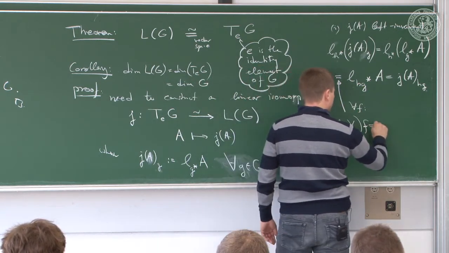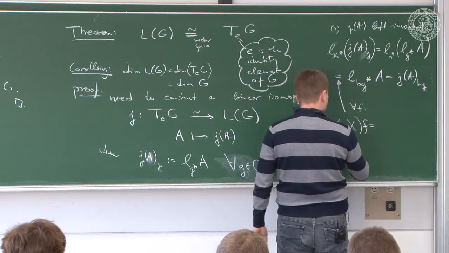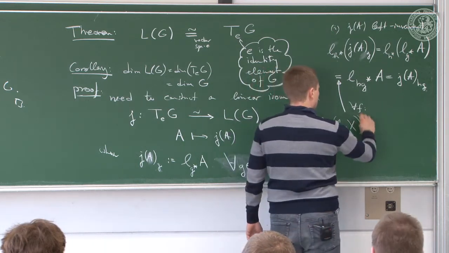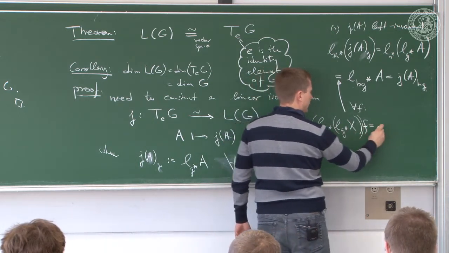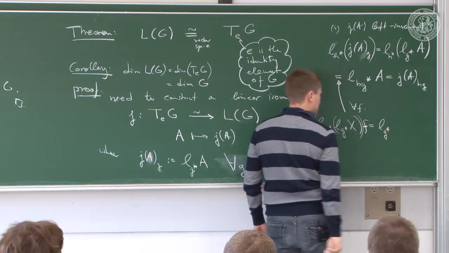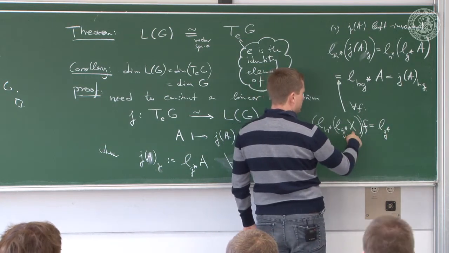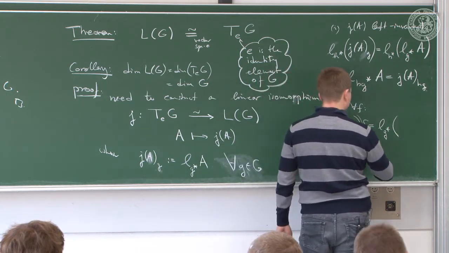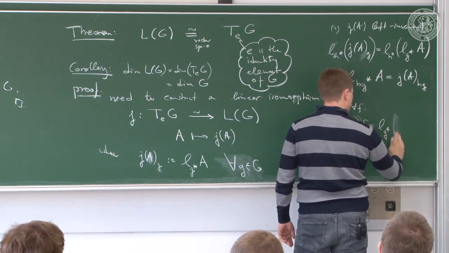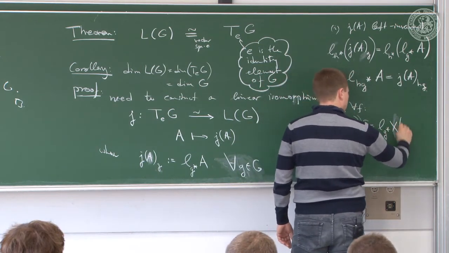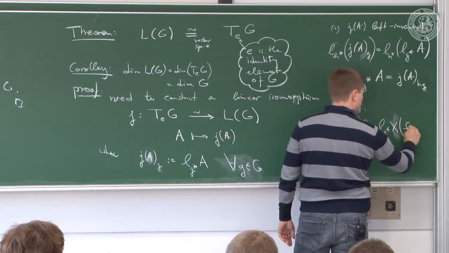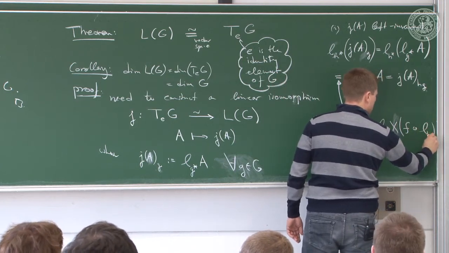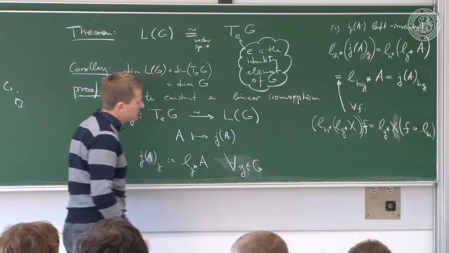Then the definition is, so I act on this one first. So I have to take the vector L_G star x, and I have to have it act on the function, but only after I used this map in front. What is this? This is the definition of the push forward, right?